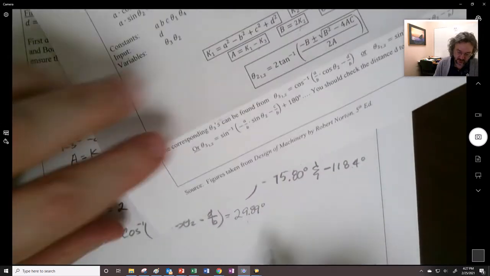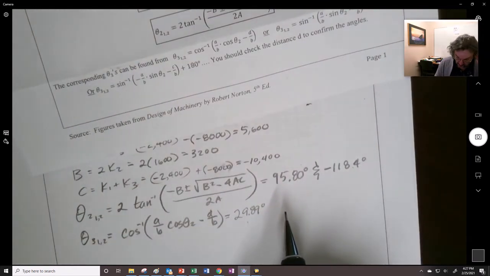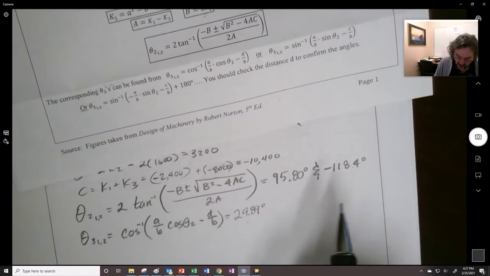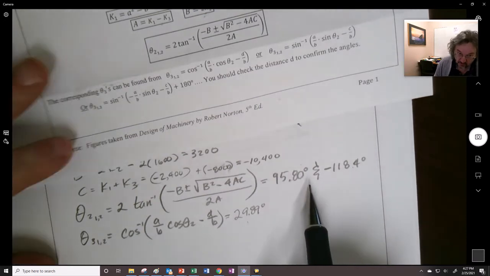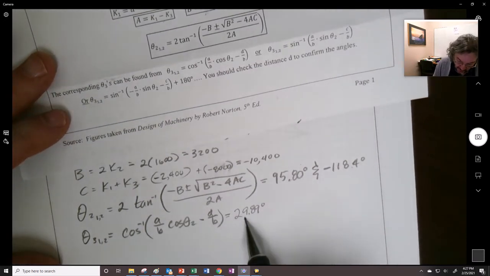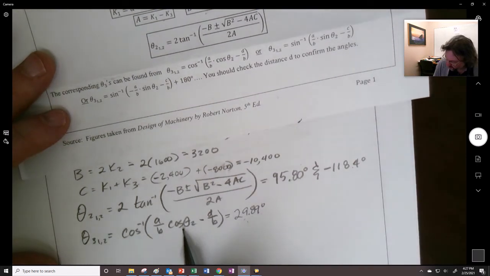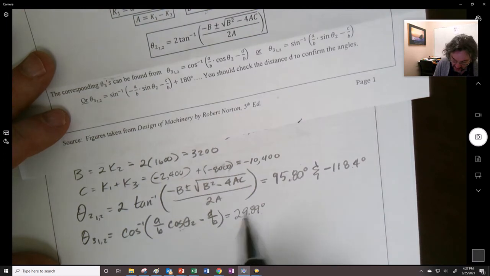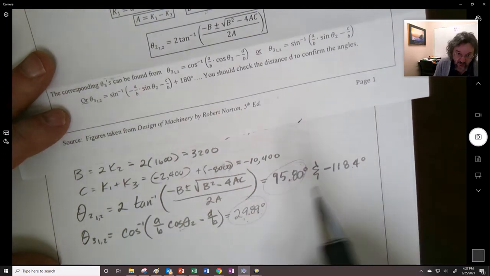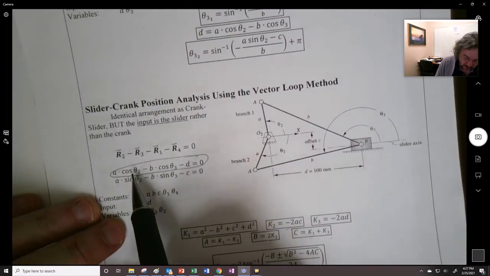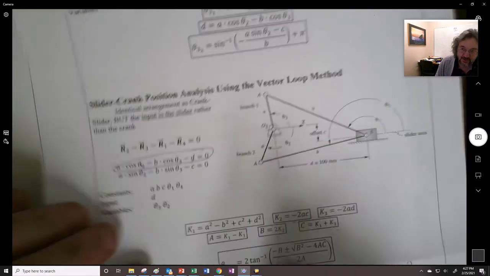Yeah, we want to check this angle right there, the 95.80, and we want to check it with this 29.89. I plugged it in there first, and then I got this out, so these two are associated with each other. I wanted to combine that with this equation right here, plug them into both and see what you get for D.